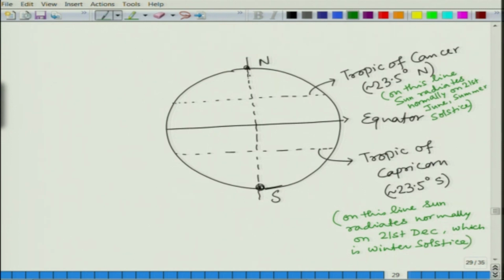So, this north south, let me use the previous color, this north south pole joining line is the axis of rotation for earth, which determines the day and night thing.